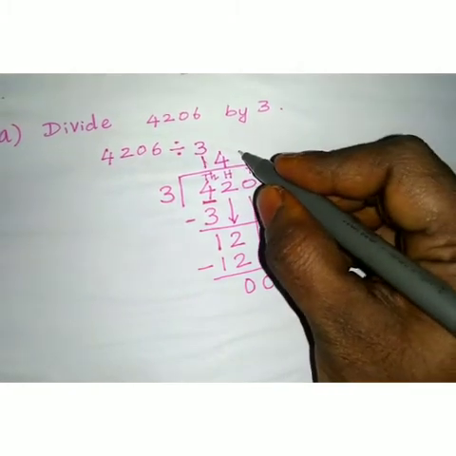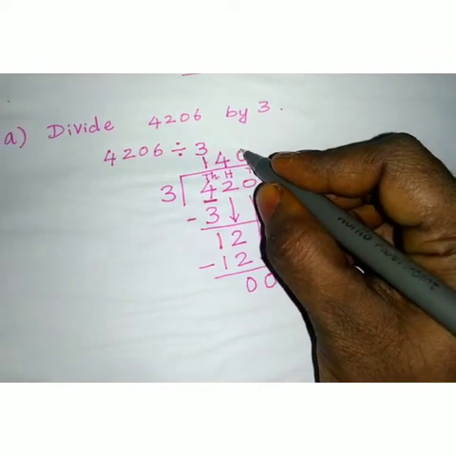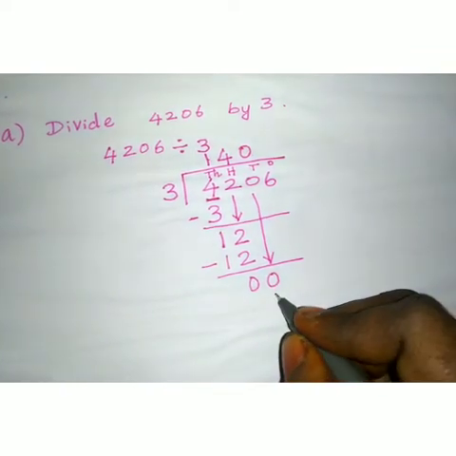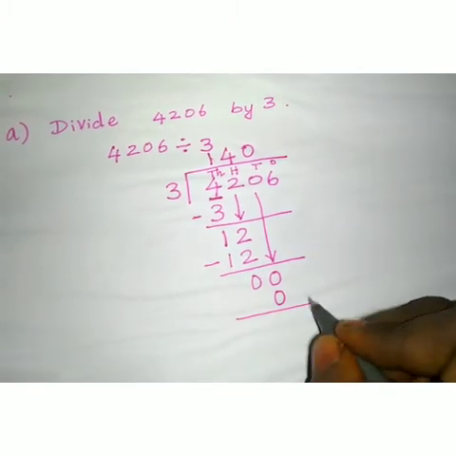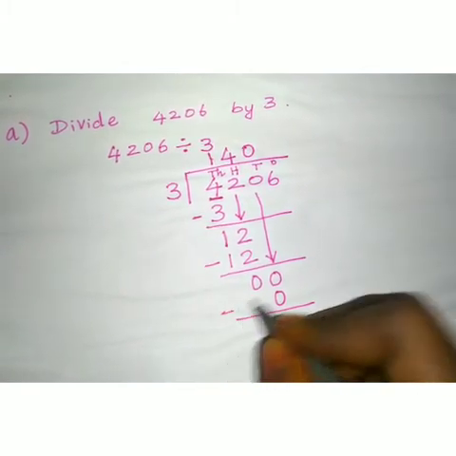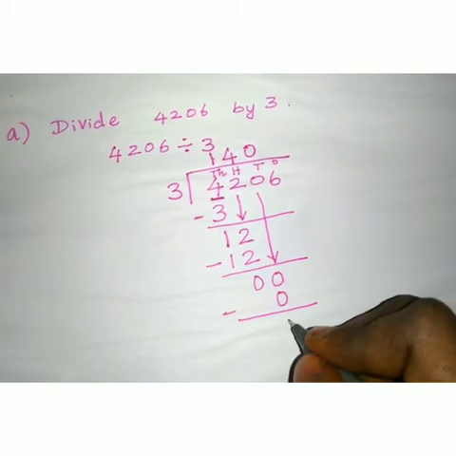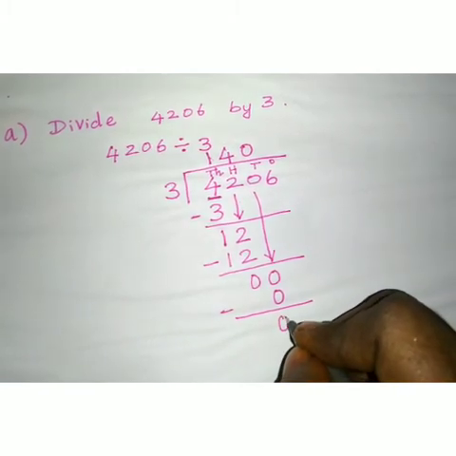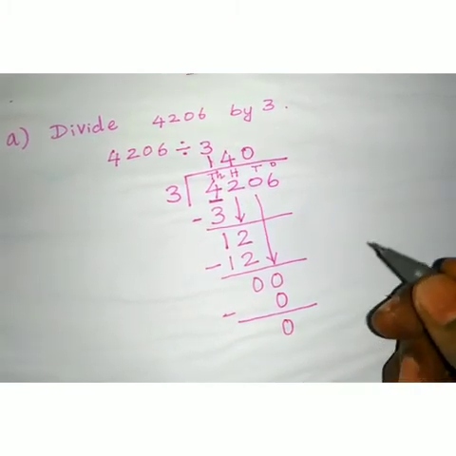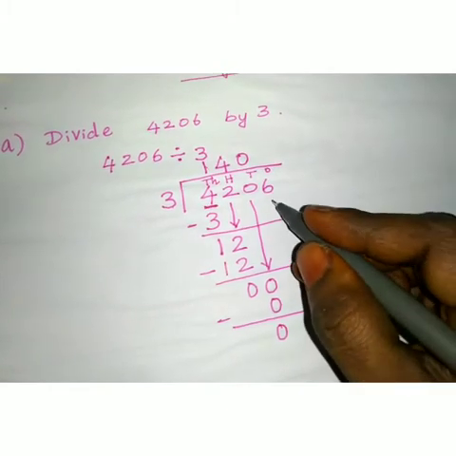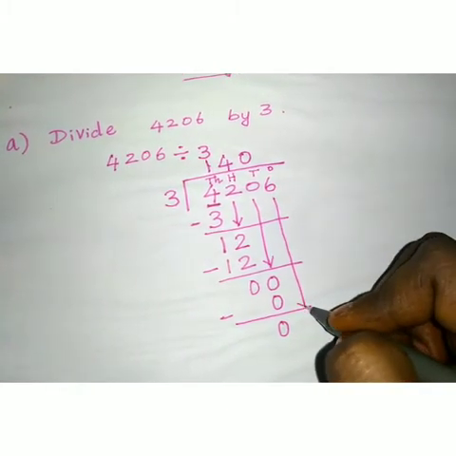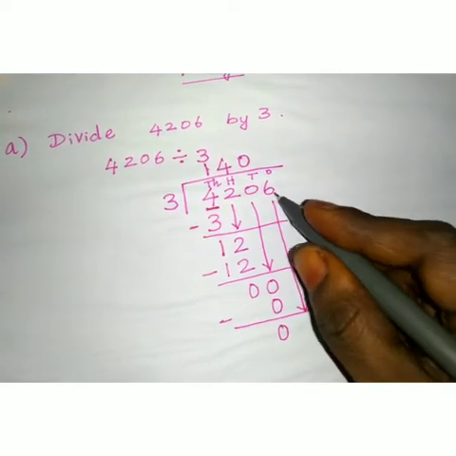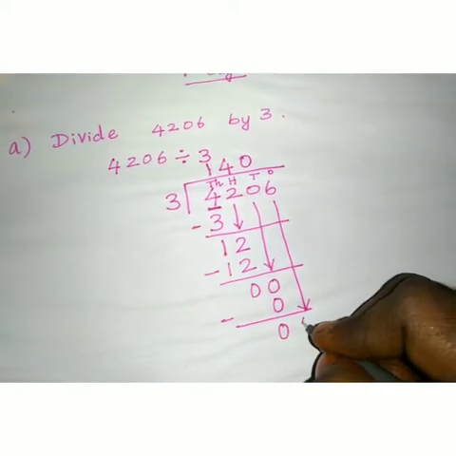So you have to write here as 0. Now you have to subtract these two values. 0 minus 0 is, obviously, 0. Now bring down the next place value. You have to write 6.